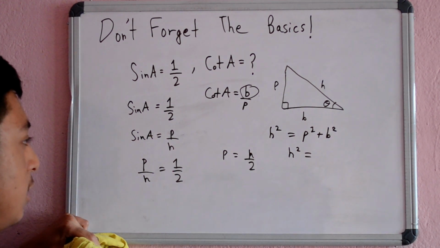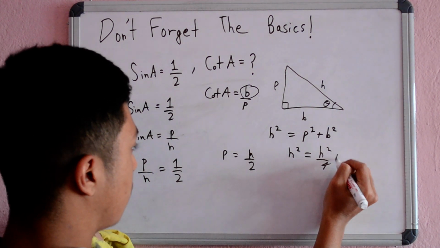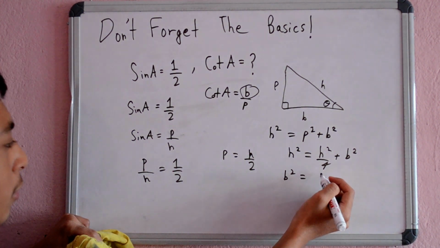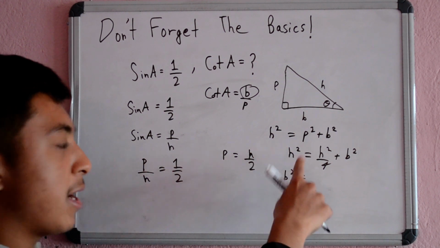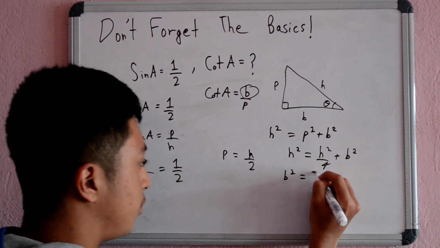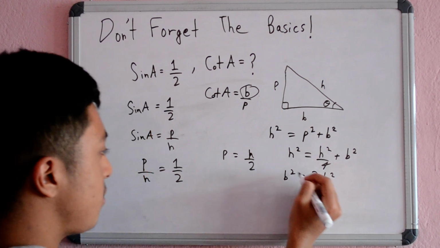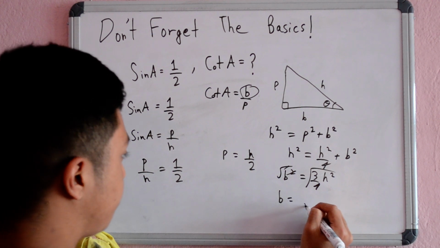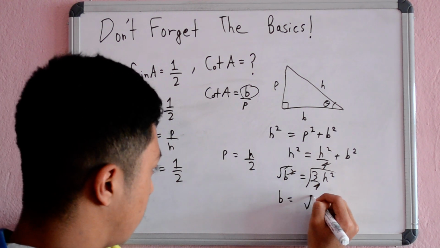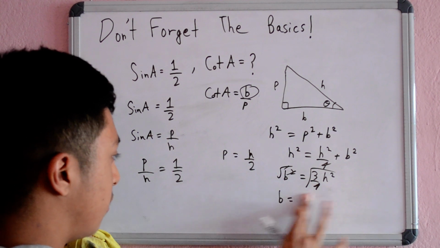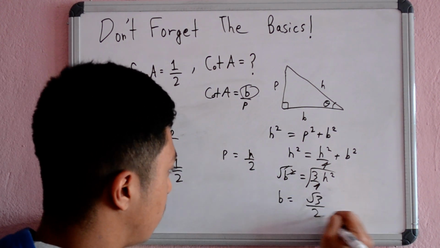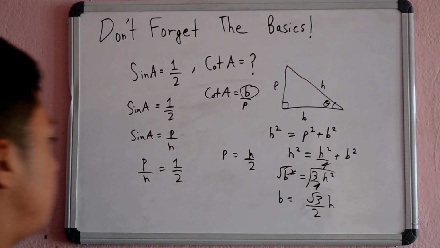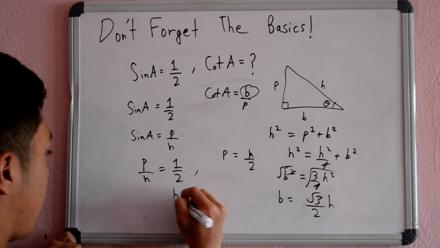H square is equal to H square by 4 plus B square, and from here you'll get that B square is equal to H square minus H square by 4, which is 3 by 4 H square, and if you square root both sides, base will be equal to, I'll just write it directly, square root of 3 by 2 H. And from here also, we need that H is equal to 2P.